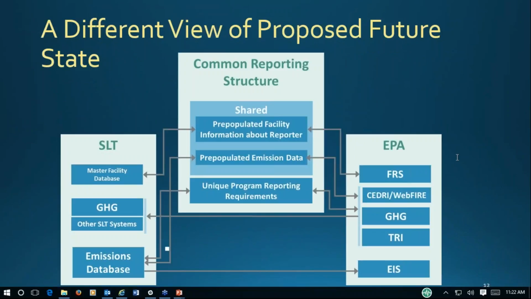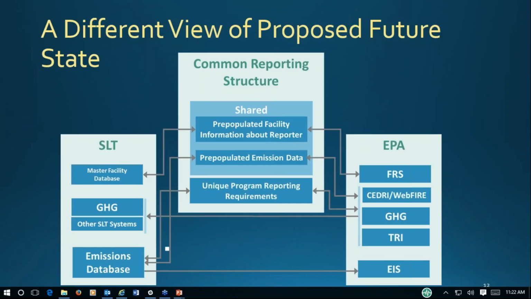Now, Brian offered up that we had a different view of the proposed future state. We put this together here to focus on the benefits of the common reporting structure and what's shared there. We think it's a little bit clearer in terms of focusing on that common reporting structure.